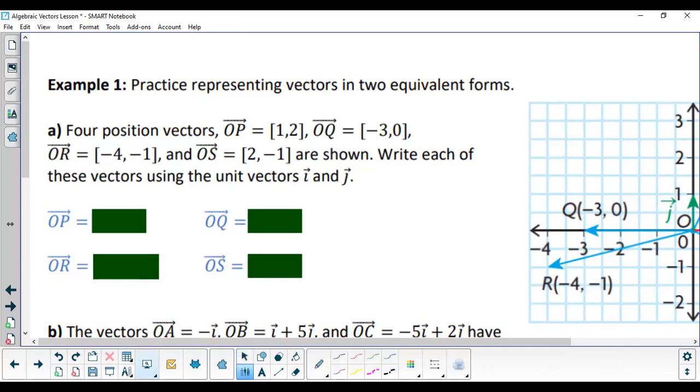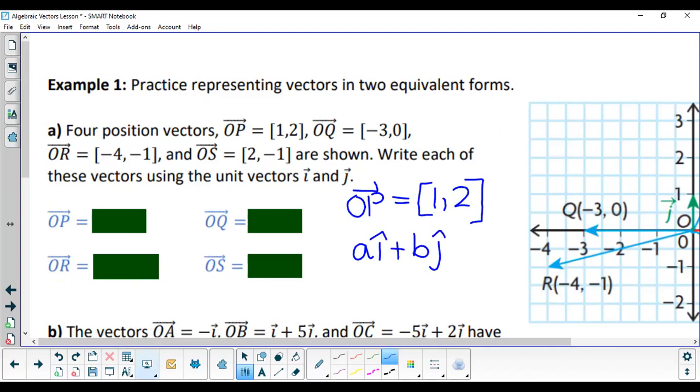And I'm going to start with OP. So it says here that the position vector OP is defined by the square bracket 1, 2. I want to now write each of these vectors using unit vectors. Okay, so I'm going to use my definition ai plus bj. So my horizontal component, my scalar, is going to be 1.